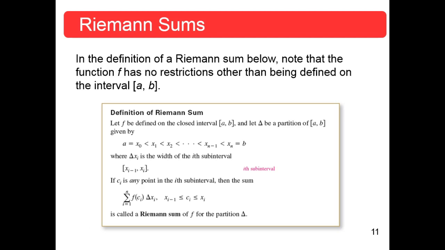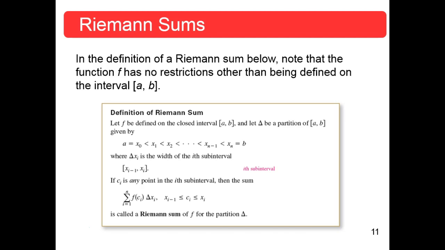Then the sum of all those things, this is the definition of the Riemann sum: the summation from i equals 1 to n of f of C sub i times delta x of i, where x of i minus 1 is less than or equal to C sub i, less than or equal to x of i. That's called the Riemann sum for any partition del.